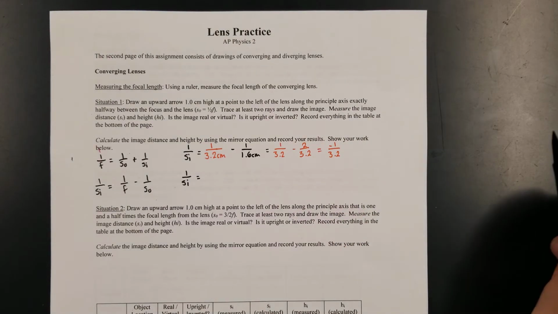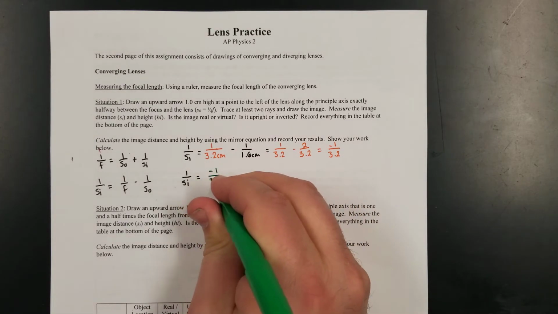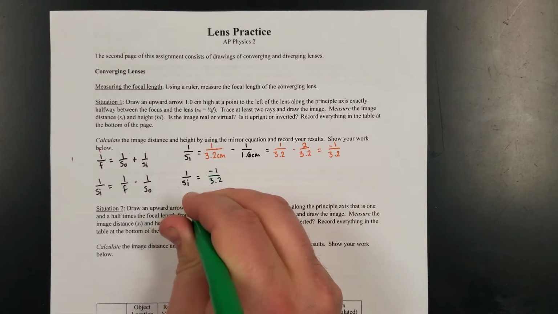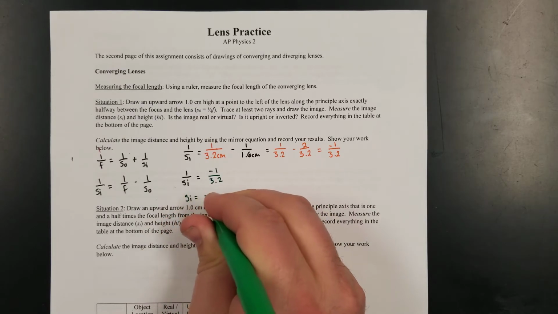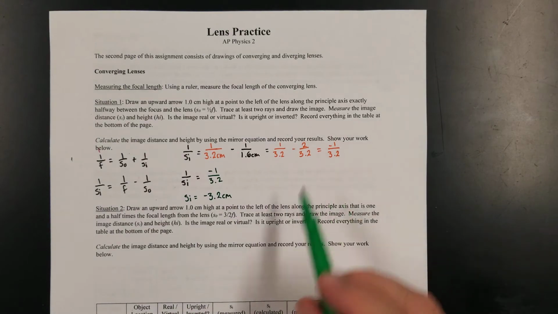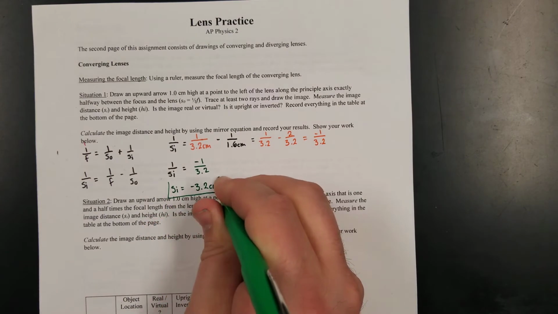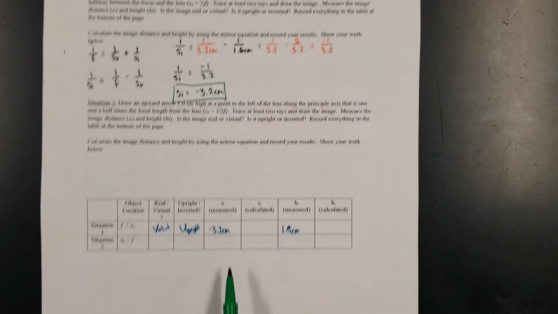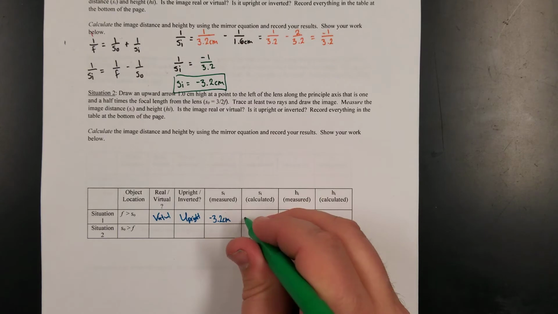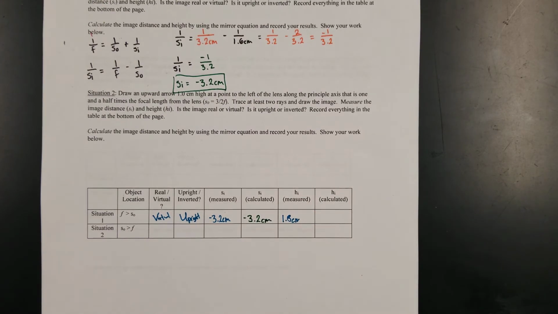Let's not invert it just yet. So negative 1 over 3.2. So SI is equal to negative 3.2 centimeters. Negative again, because it is a virtual image, just like we noted down there. So mine wasn't too far off. Write that down there in the table.